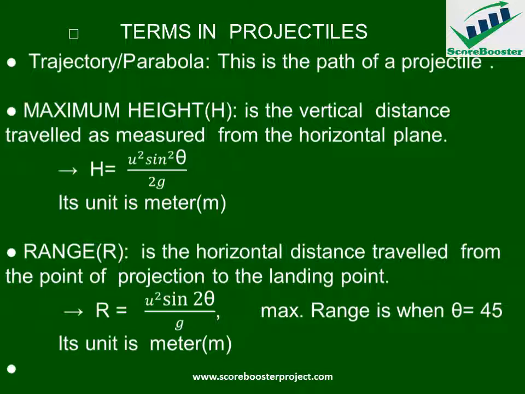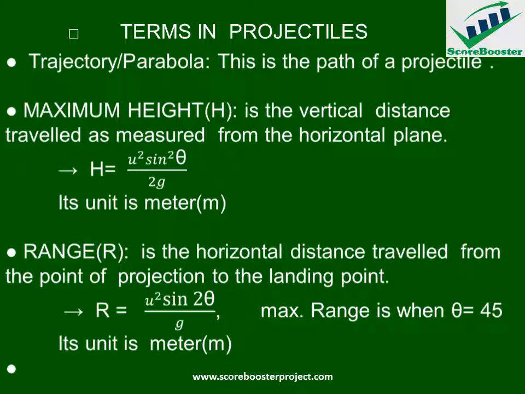Then the next concept we shall be considering is the range. Range is the horizontal distance traveled from the point of projection to the landing point. Mathematically, range R is equal to u square sine 2 theta over g.